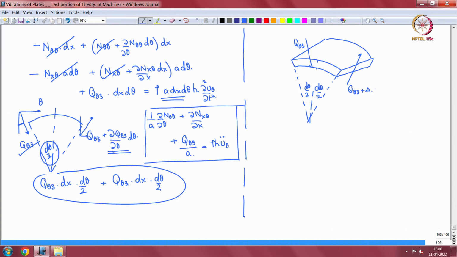Let me write the full form: del theta q theta 3 d theta, then the other qx3, qx3 plus del x qx3 dx.